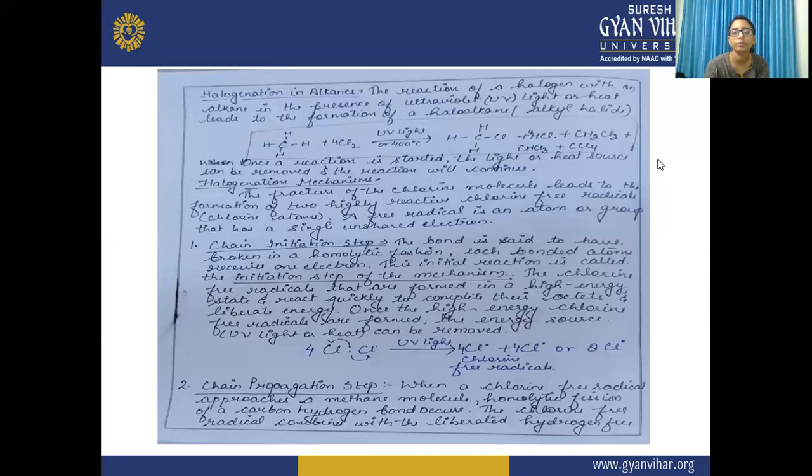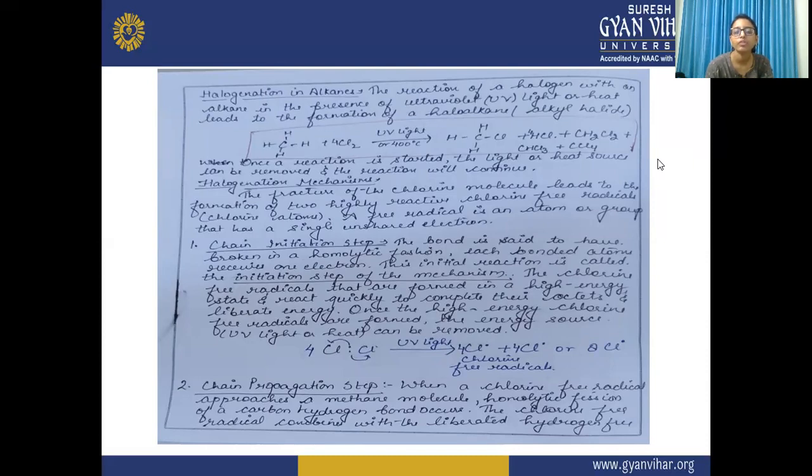A chlorine free radical has 7 electrons in its outermost orbit, so it is highly reactive because it wants 1 electron to complete its octet, meaning 8 electrons in the outermost orbit of the atom.